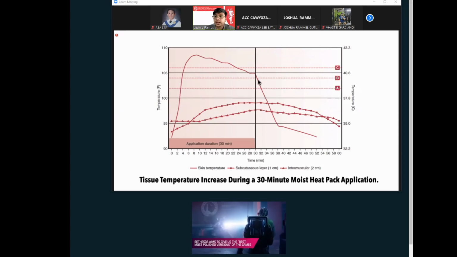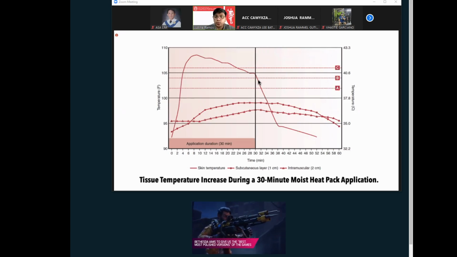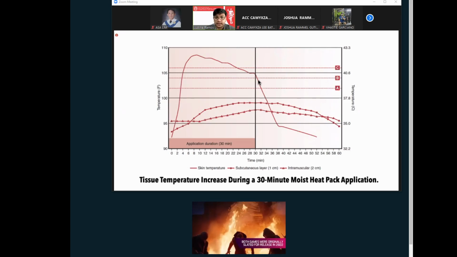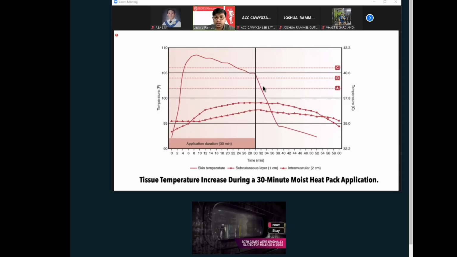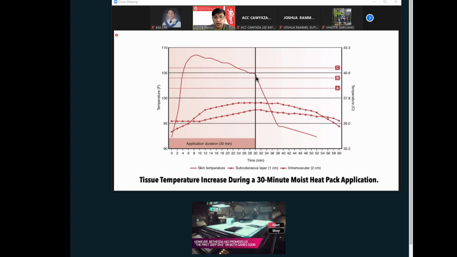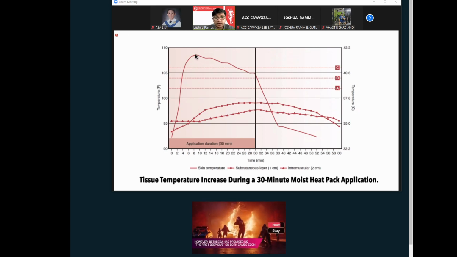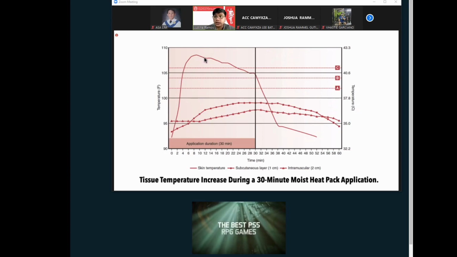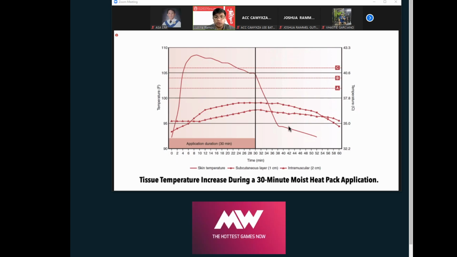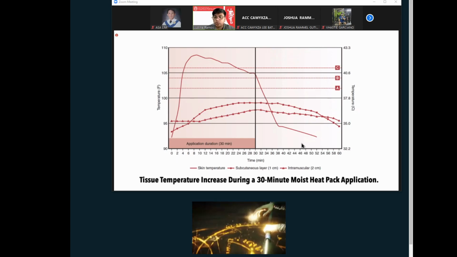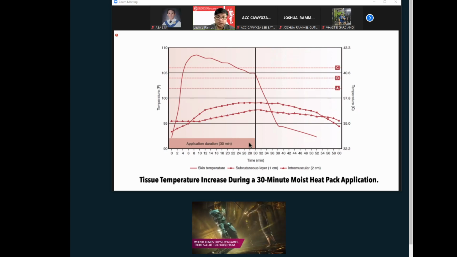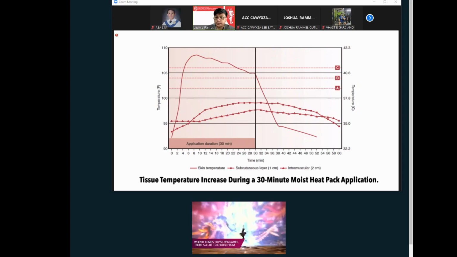So the effective heating is between 20 to 30 minutes. Beyond that, you cannot achieve anything because there is a gradual decline after the first 10 minutes of application. The temperature decreases right away up to a level that will drastically drop all the way to the baseline temperature beyond 30 minutes of application.